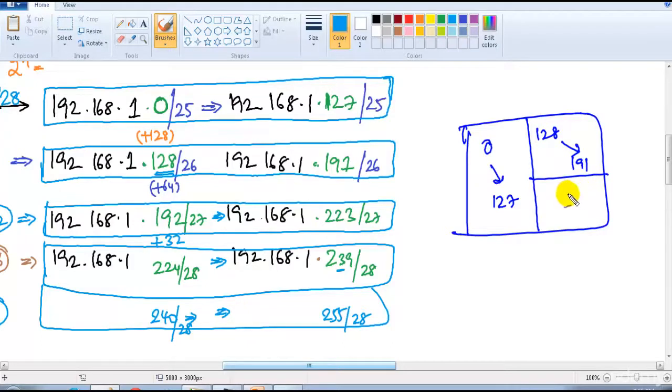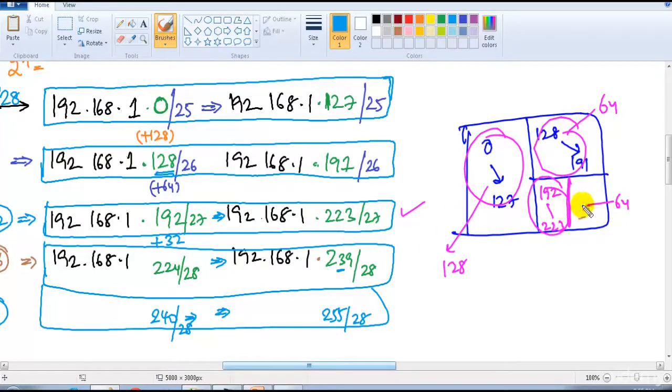So here this is the size of 128, and then this is the size of 64, and then again I got one more size of 64, and that size of 64 we are further dividing into 2 parts, 192 to 223, that is one size I have used here, and then again I got 32 addresses. In that I divided into 16 and 16 again.